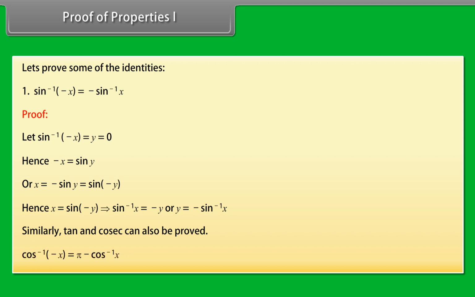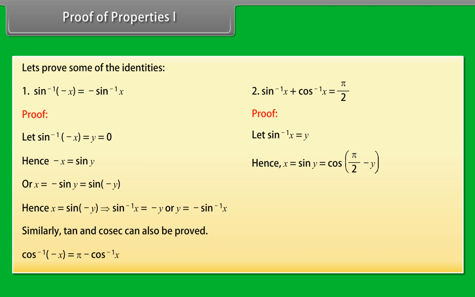Cos inverse of minus x is equal to pi minus cos inverse x. Second, sine inverse x plus cos inverse x is equal to pi by 2. Proof. Let sine inverse x be equal to y. Hence, x is equal to sine y, which is cos of (pi by 2 minus y).